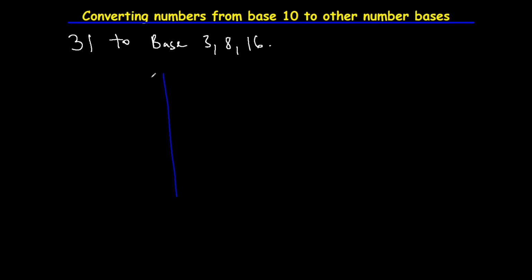Still the same steps. 31 divided by 8 is 3 remainder 7. 3 divided by 8 is 0 remainder 3. So taking our answers from bottom to top, don't forget, our number 31 is equivalent to 37 in base 8.